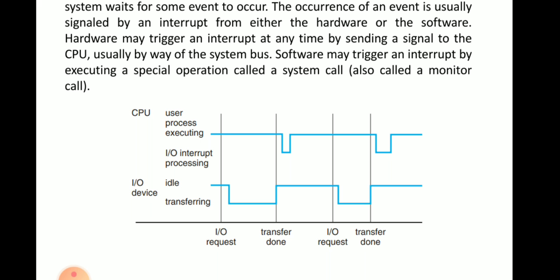In the CPU processing cycle, when a user process keeps running, at that time, if an I/O interrupt occurs, the CPU will be kept idle until the I/O device performs its function.